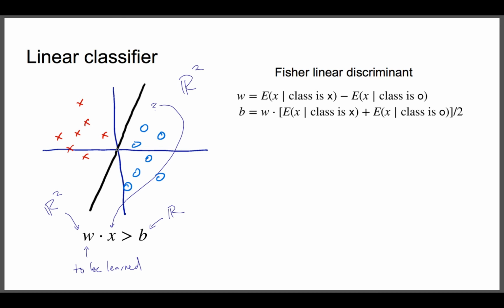It corresponds to a w that looks something like this. So this is the point w. The reason you know that is that it's orthogonal to the boundary between the two classes. And because it passes through the origin, it corresponds to a threshold b of 0, right?